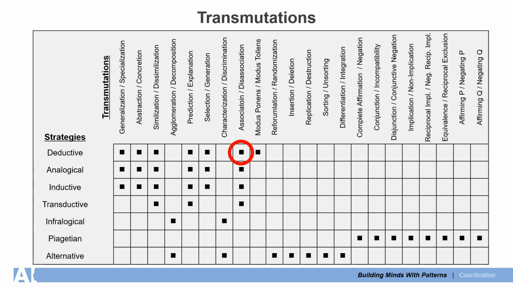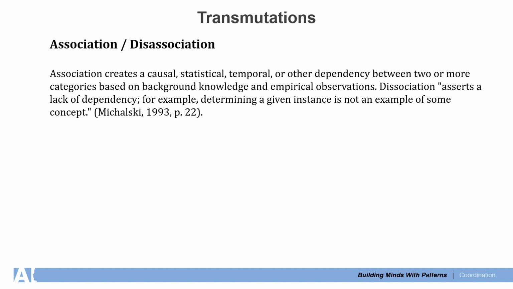Association and dissociation can be done in deductive, analogical, inductive, or transductive manners. Association creates a causal, statistical, temporal, or other dependency between two or more categories based on background knowledge and empirical observations. Dissociation asserts a lack of dependency. For example, determining a given instance is not an example of some concept.